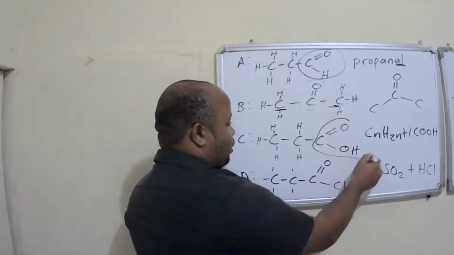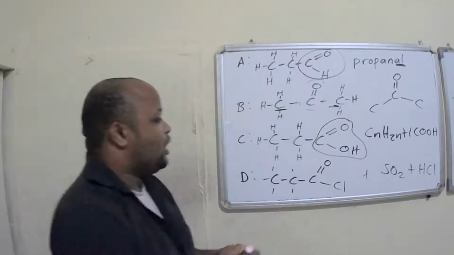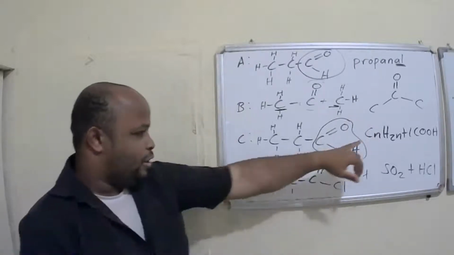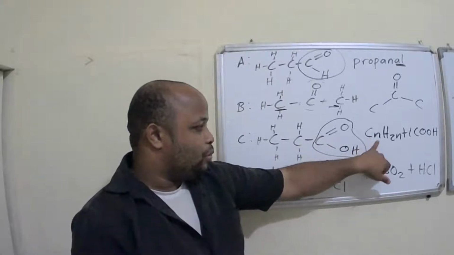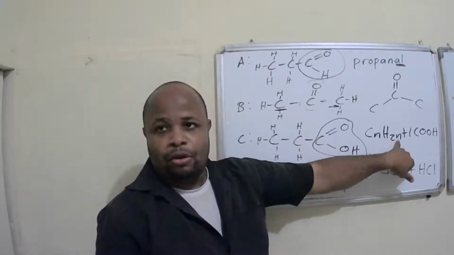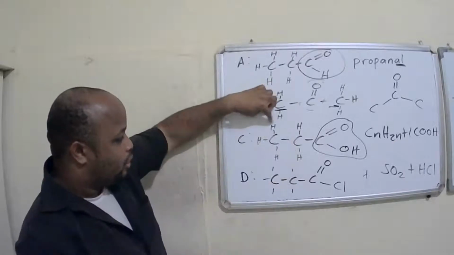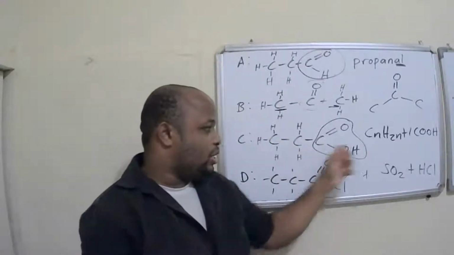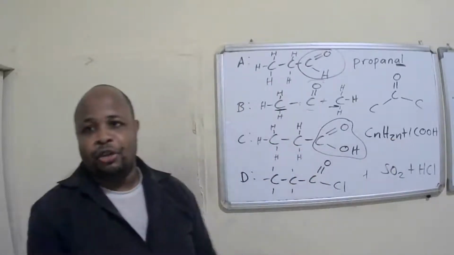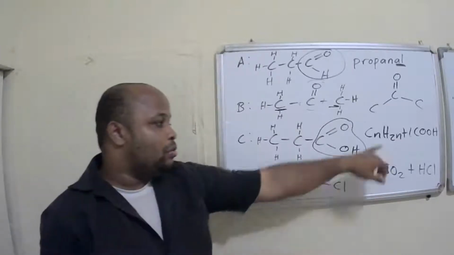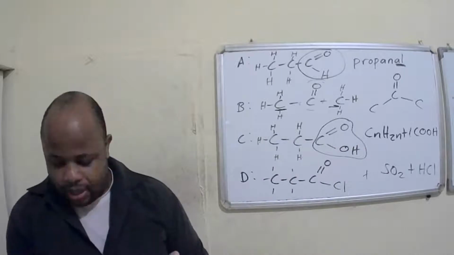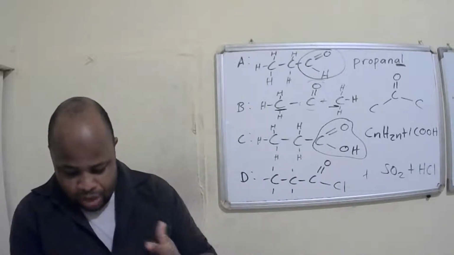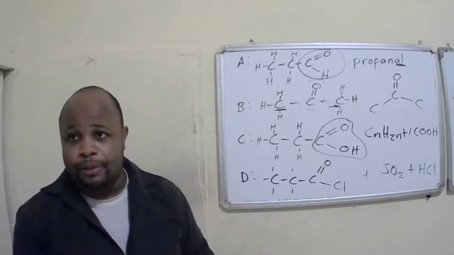Checking this formula, we have two carbons, so n is 2, 2n+1 is 5, and we have two carbons and five hydrogens. You can see that it matches the general formula. So this is the general formula for carboxylic acid, and that would have ended the first question.